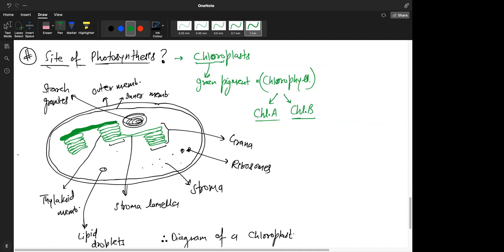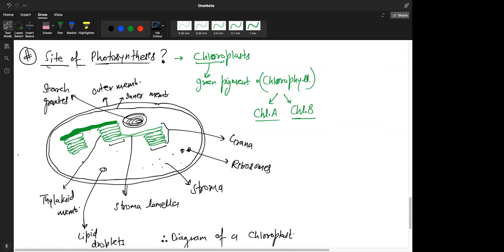So write down: the thylakoid membrane of the stroma lamellae and grana of the chloroplasts is the site for photosynthesis.